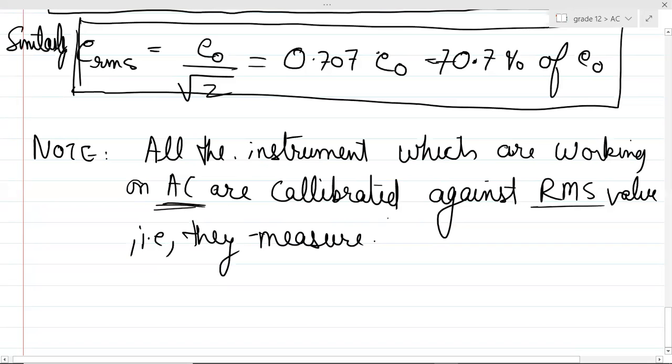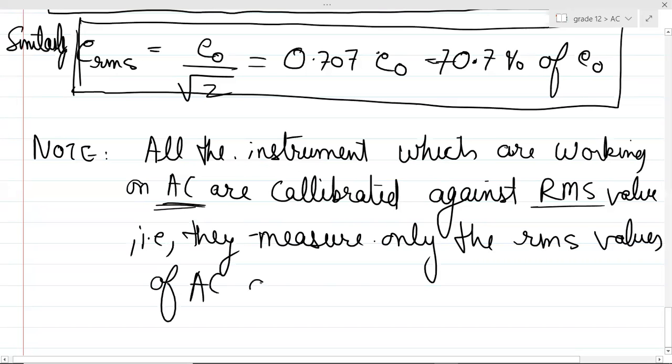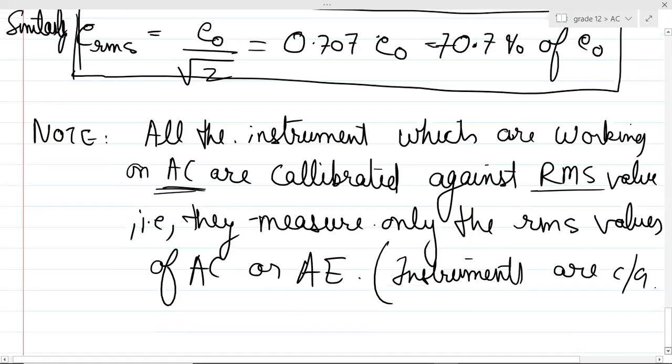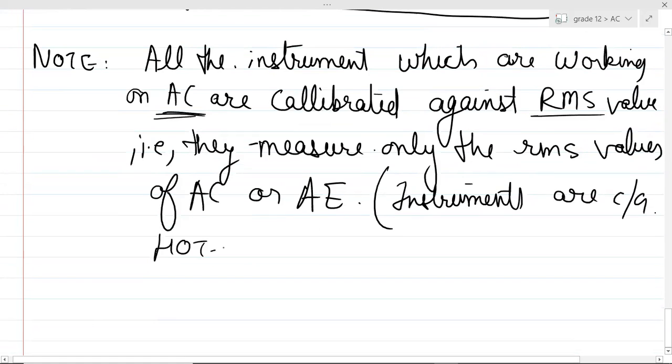So they measure only the RMS values of AC or alternating EMF. These instruments, by the way, please remember are called hot wire instruments. नाम है उनका, पता नहीं क्यों, I don't know.